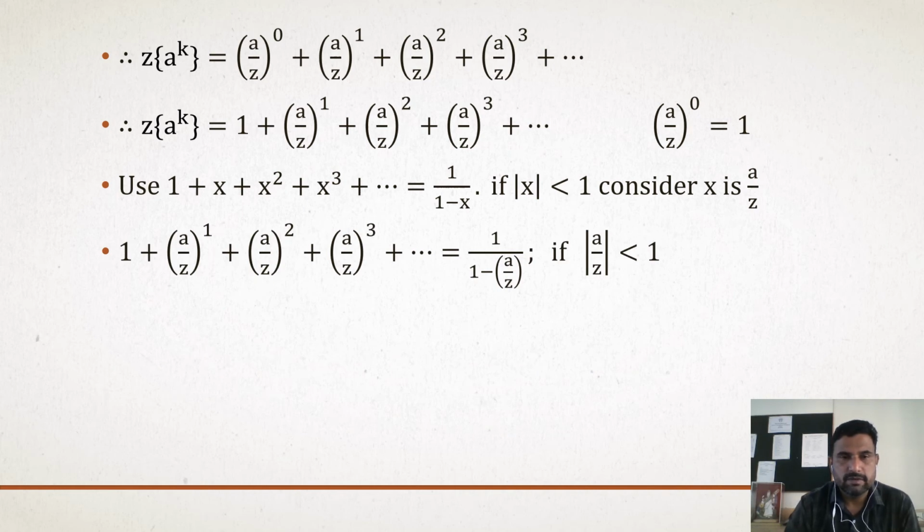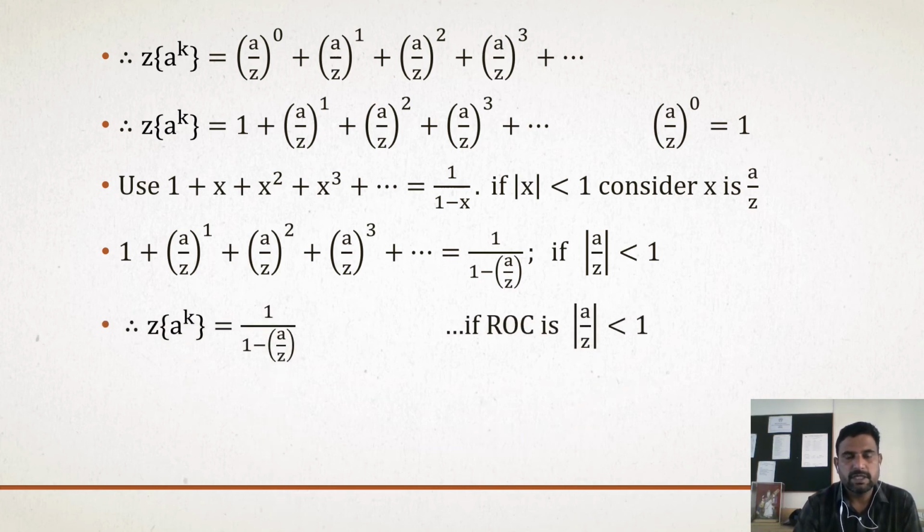So the result is 1 plus a by z plus (a by z) square plus (a by z) cube plus dot dot dot equal to 1 upon 1 minus a by z if mod a by z less than 1, because the condition is mod x less than 1. So the z transform is 1 upon 1 minus a by z, and the region of convergence is mod a upon z less than 1.